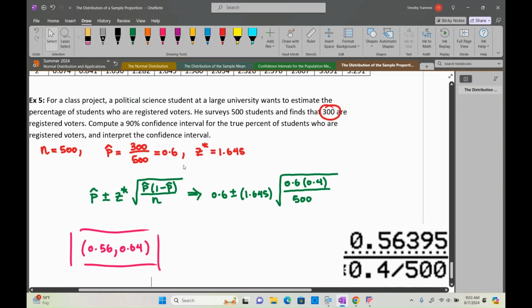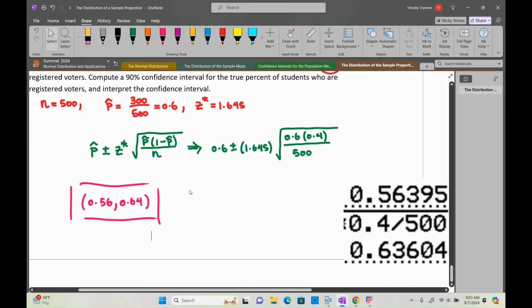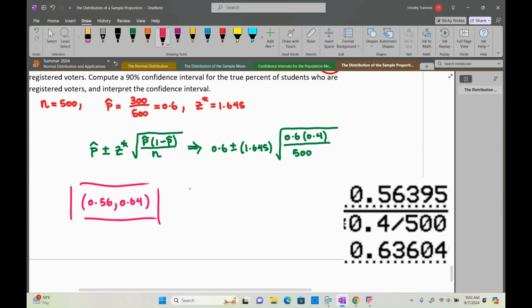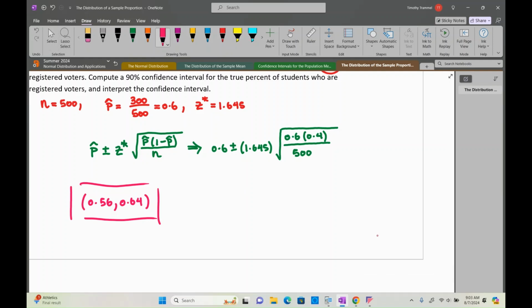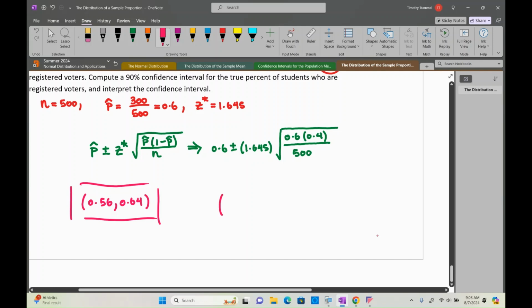I do think in this question they asked for the percentage instead of the decimal form, our proportion. So maybe let's add this in as a percentage as well. That would be 56% to 64%.